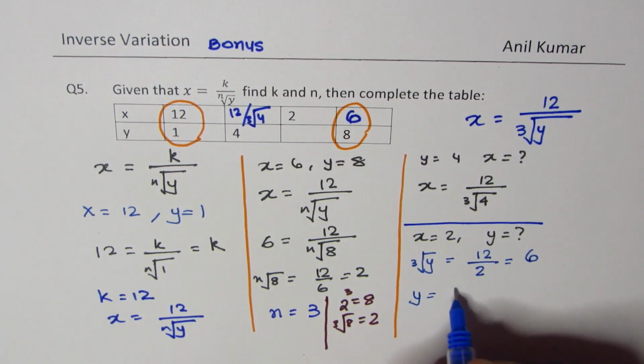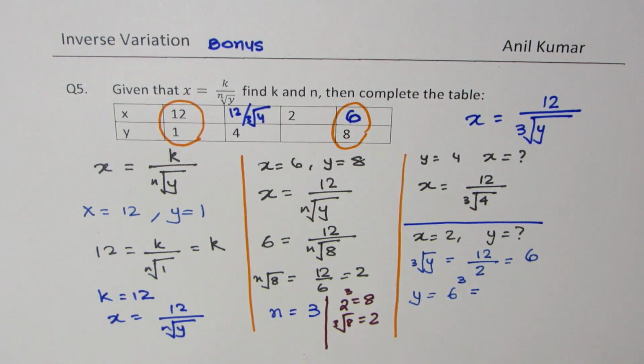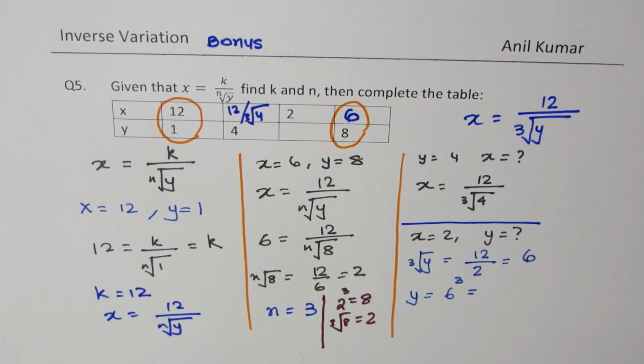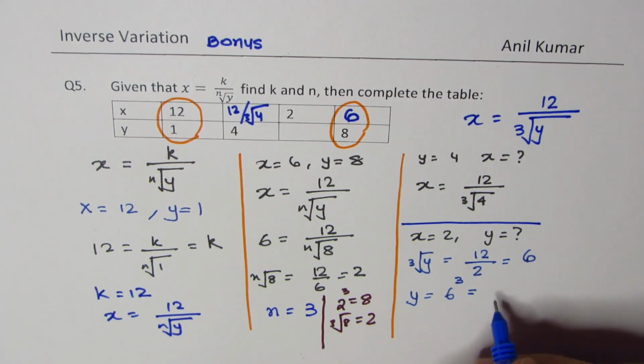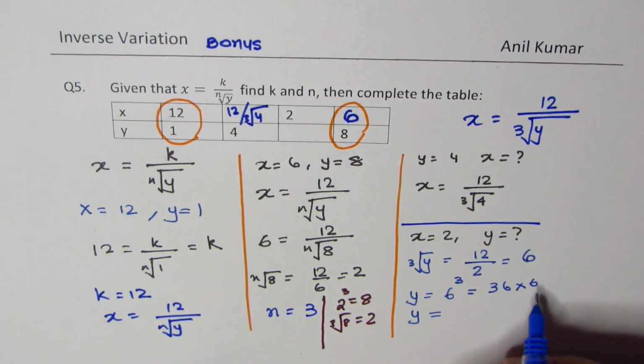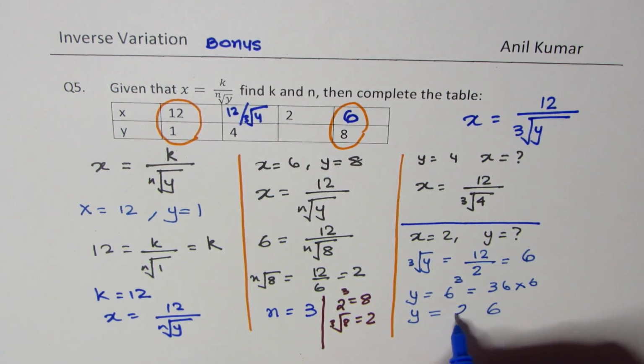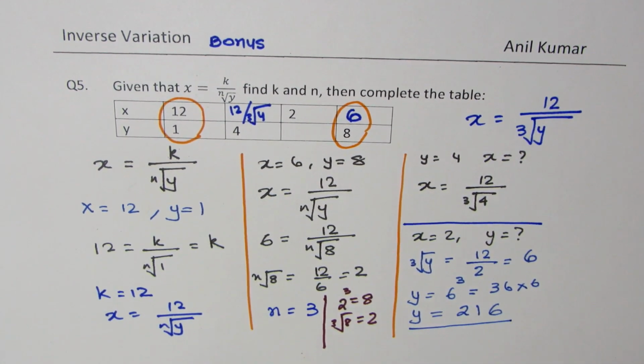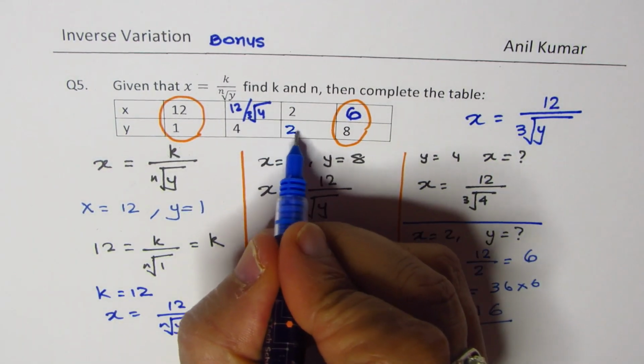So y is equal to 6 cubed. Is that clear? 6 cubed is 36 times 6. 6 times 6 is 36, and 6 times 3 is 18, so 216. So we get the value of y as 216 in this case.